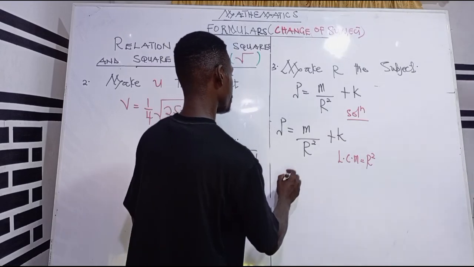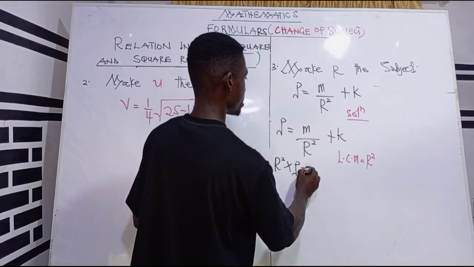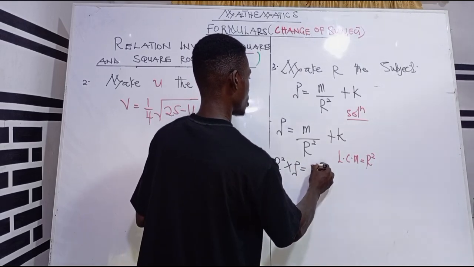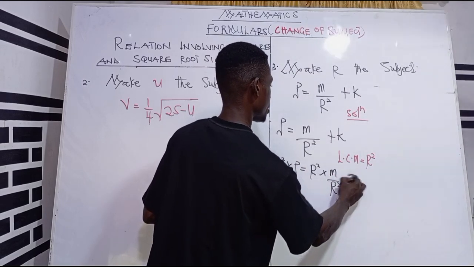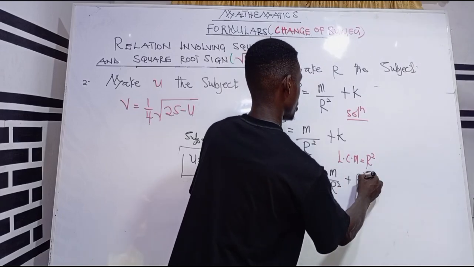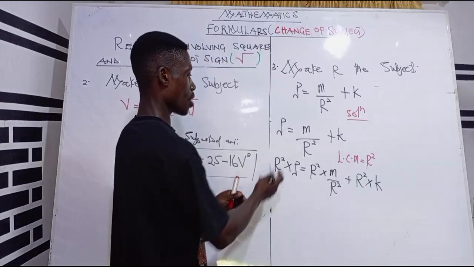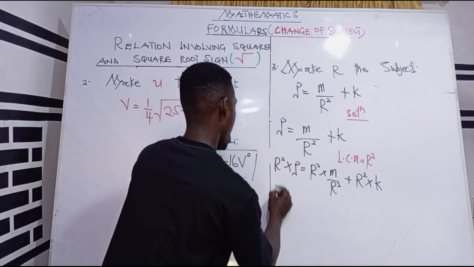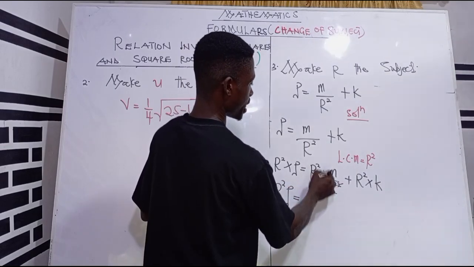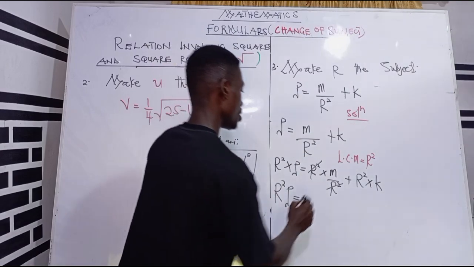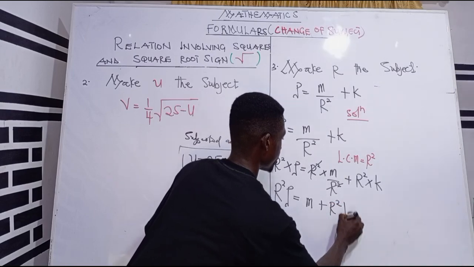So we are going to get R squared times P is equal to R squared times M over R squared plus R squared times K. Good. So R squared times P will give us what? R squared P is equal to, we have R squared here, R squared here, so it will cancel out. So we have M plus R squared K.